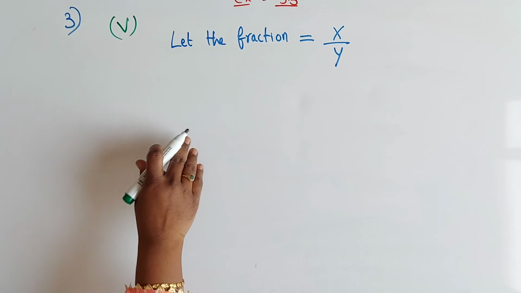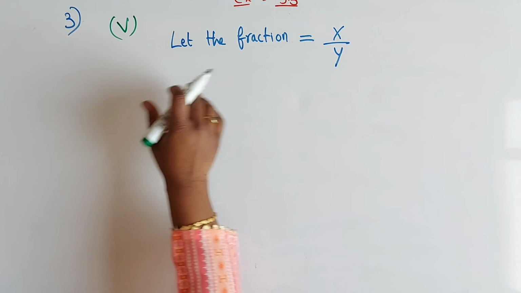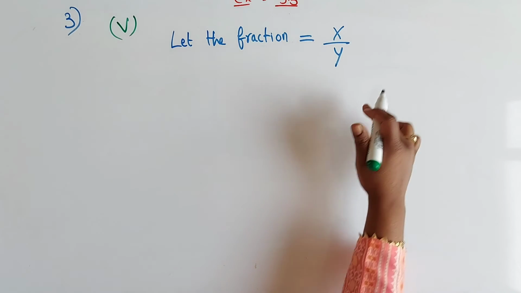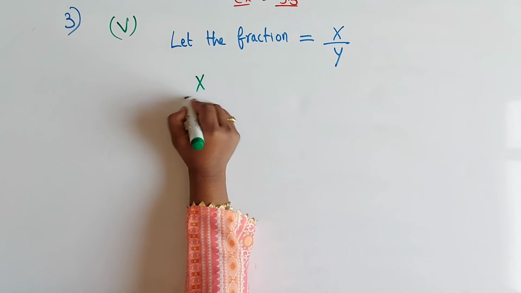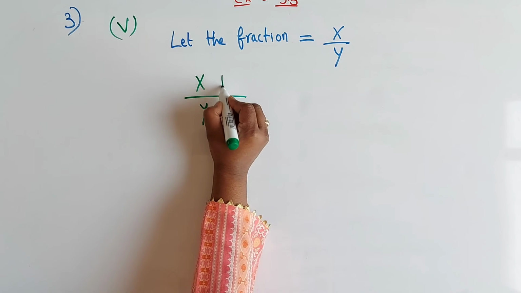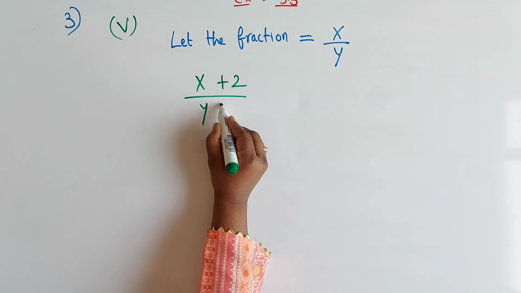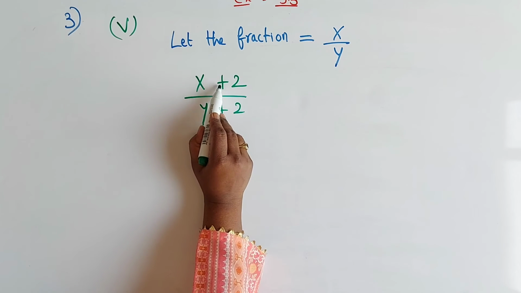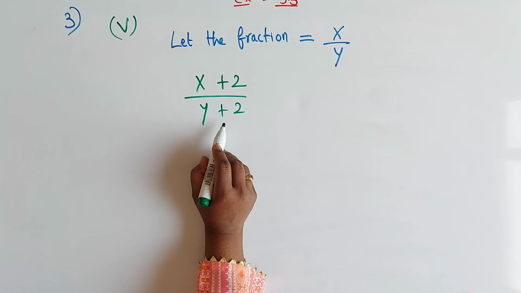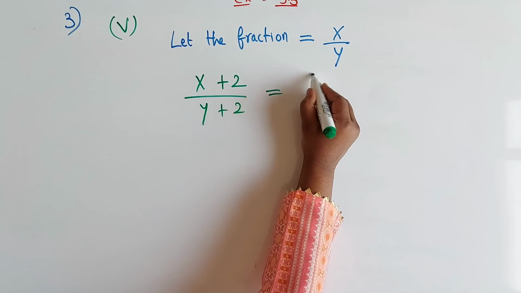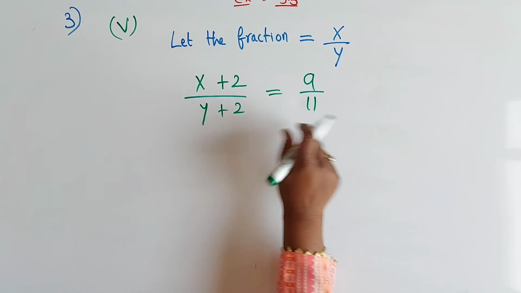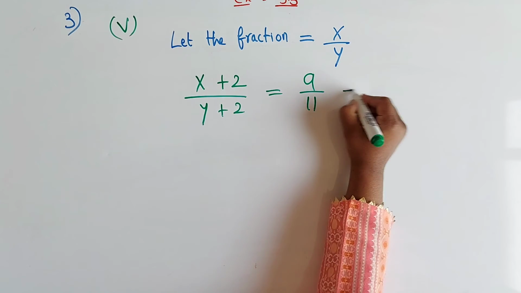What is the first case here? If 2 is added to both the numerator and denominator, that means in x by y you have to add 2 to the numerator and also 2 to the denominator, so that you will get 9 by 11. The fraction becomes 9 by 11. This is the first case.